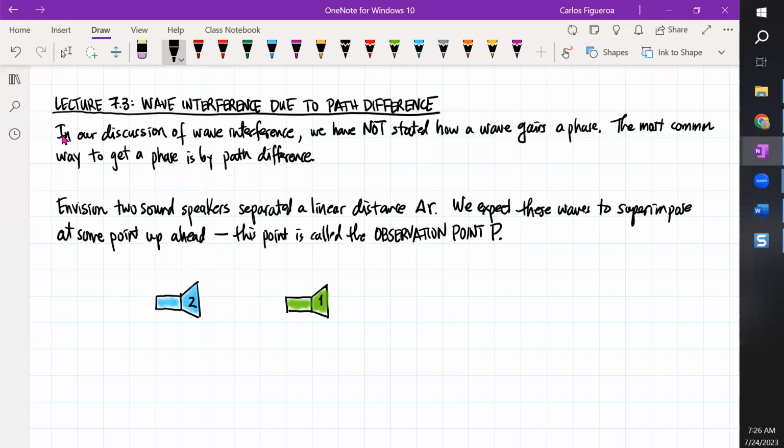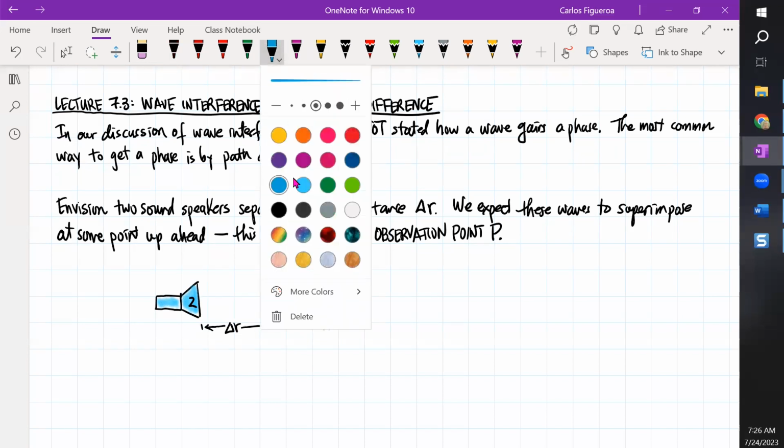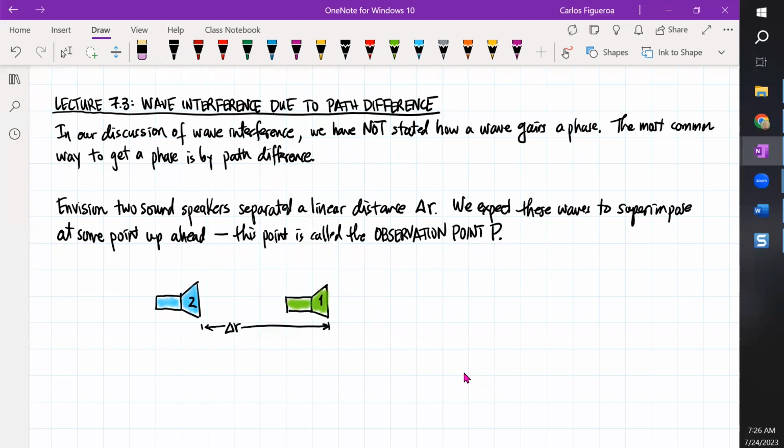These two are separated by delta R. Now I'm going to pick my observation point, P, right here.